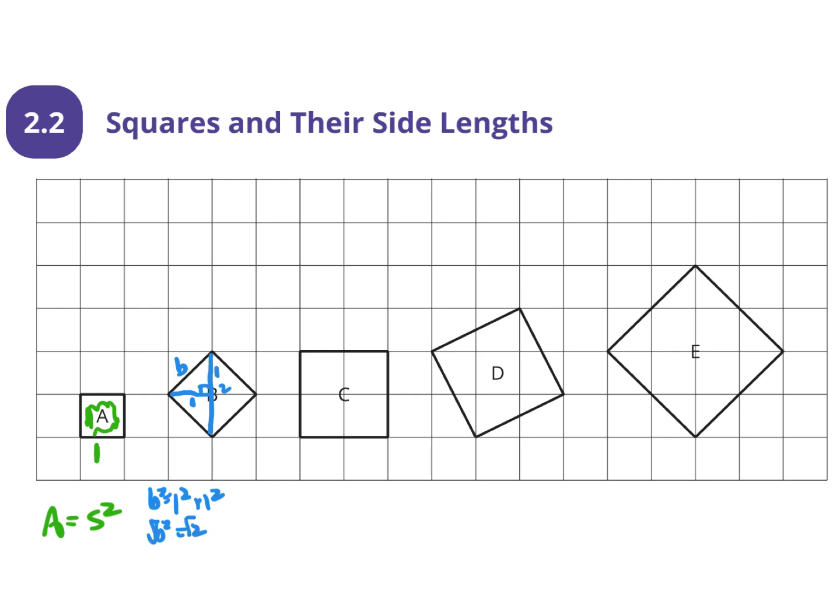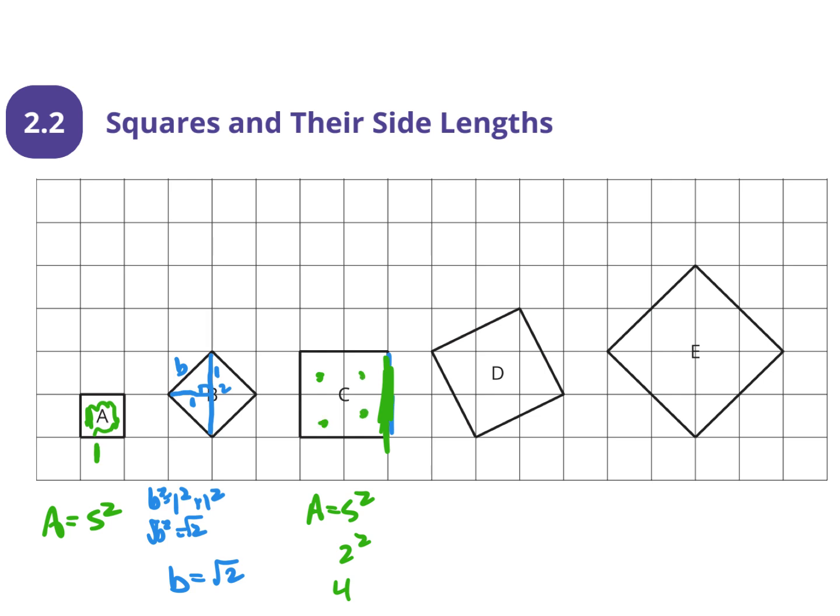And then we take the square root to get positive b is root 2. Okay, now this one is easy to see. We got 2 lengths. Area equals side squared. 2 lengths on this side makes 2 squared, which is 4, and you can see 4 boxes as the area, so that's easy to see.